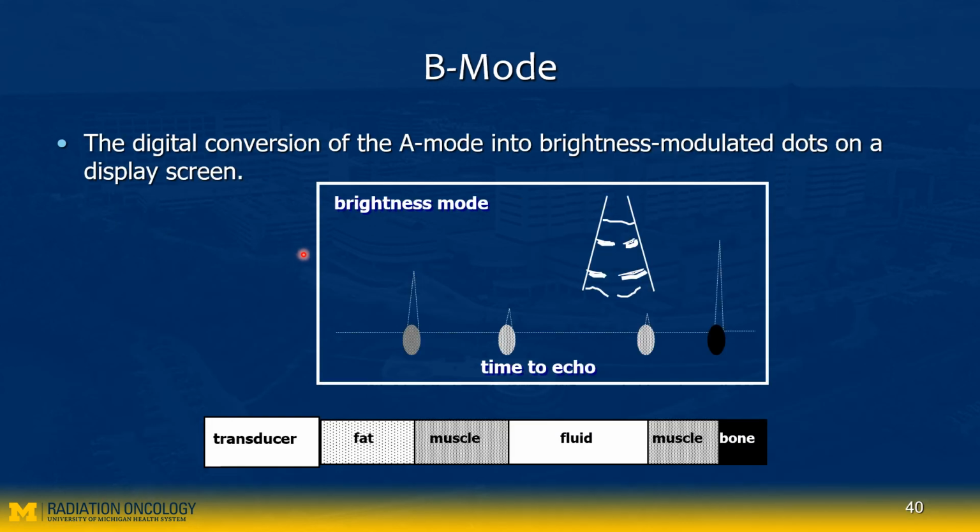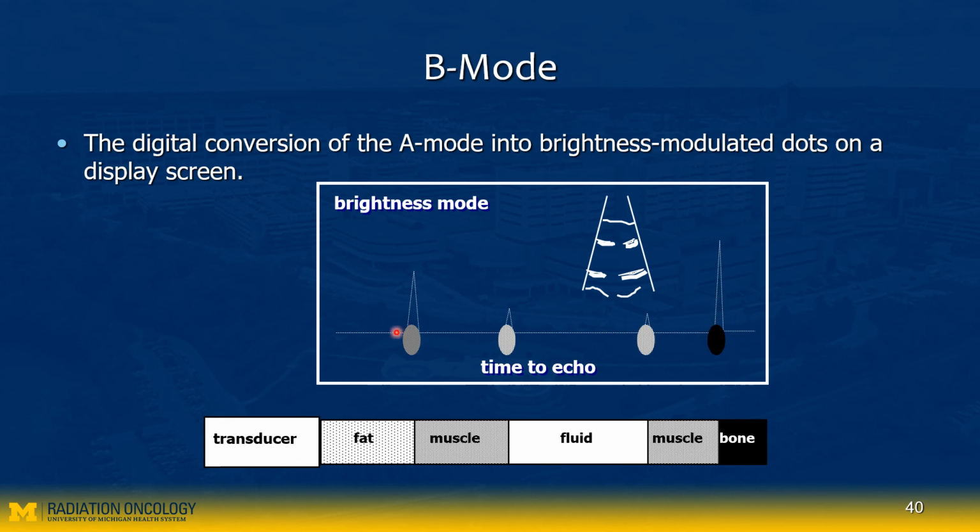Next, B mode. B mode is actually the most common ultrasound mode. Instead of showing the peak plot, which is not very intuitive to our human mind, it converts the peak signal into different grayscale.